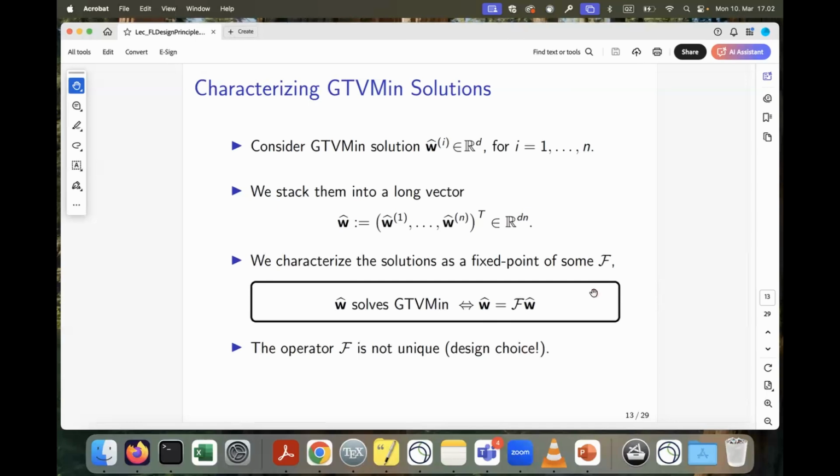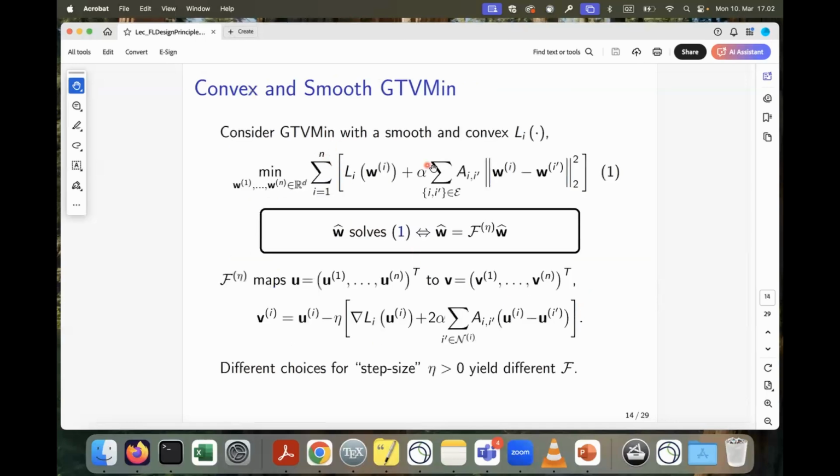Okay, so for example, when you look at this optimization problem for smooth loss functions, you could use gradient descent. And it turns out what gradient descent does is it applies a fixed point operator. Gradient descent is a fixed point iteration with this specific choice of operator.